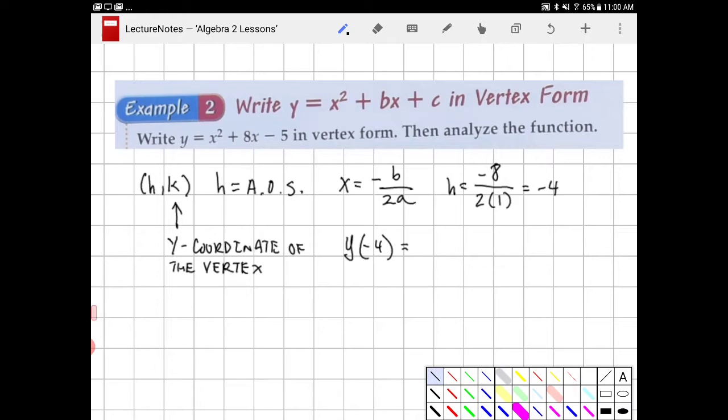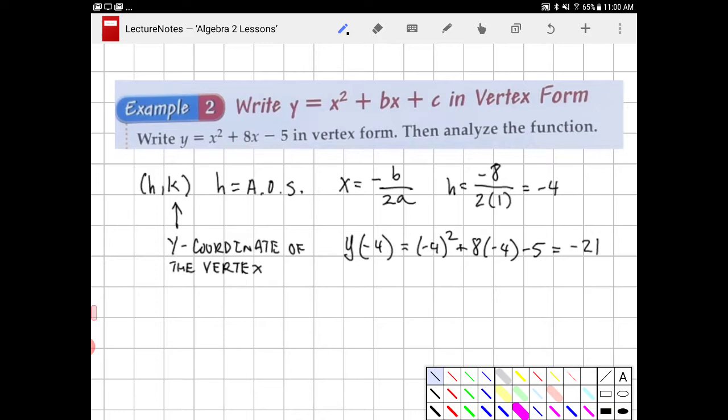So this turns into (-4) squared plus 8 times -4 minus 5. Of course, you can use your graphing calculator to figure out the y-coordinate, but I'm just showing you what the graphing calculator is doing here. So this turns into 16 minus 32 minus 5, that would be -16 minus 5, or -21.